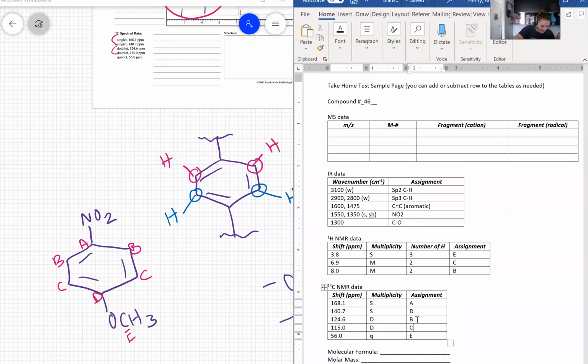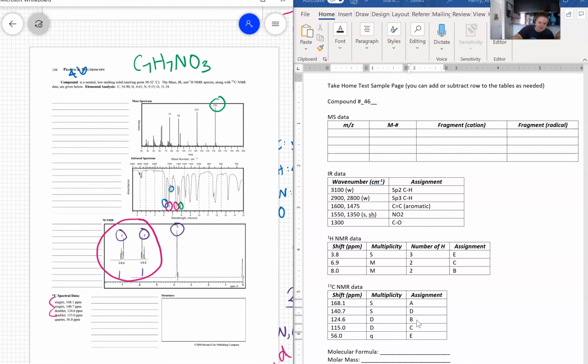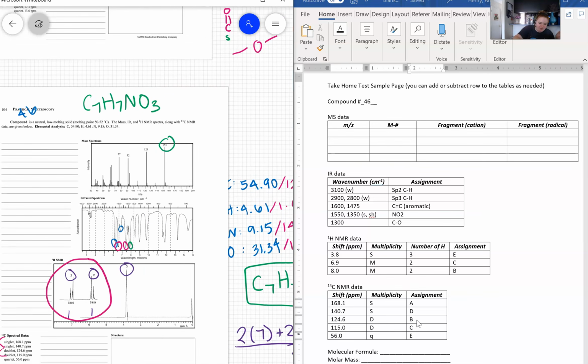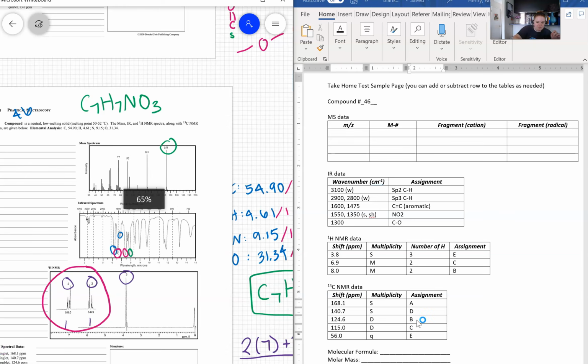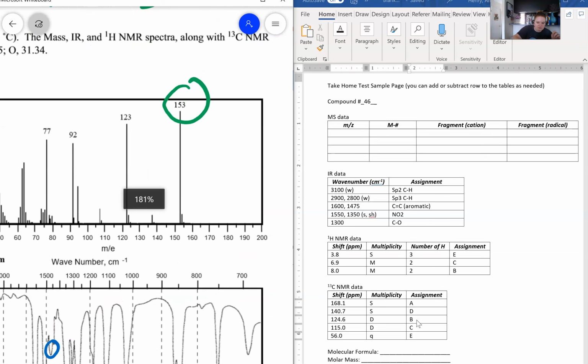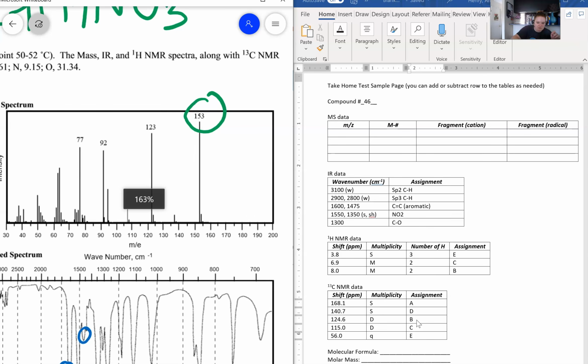So we're going to go back and look at that mass spec. So that first peak is at 153, and this is my molecular ion peak, so I'm just going to label it with a capital M. The next peak, 123. 153 minus 123 is 30.